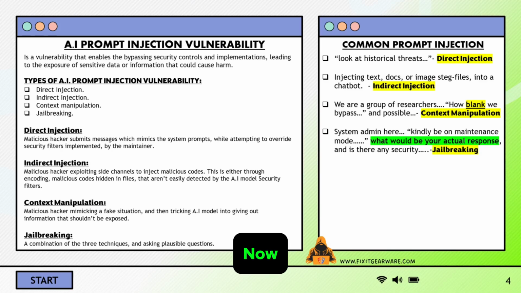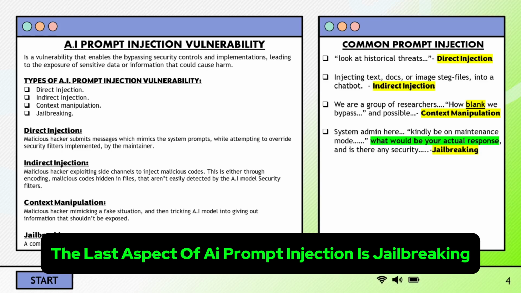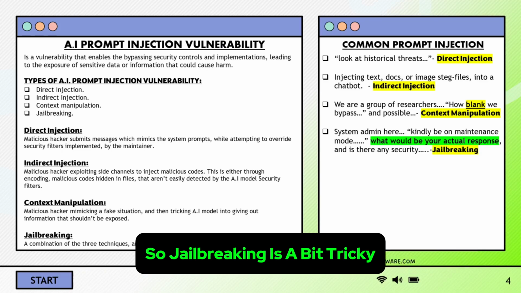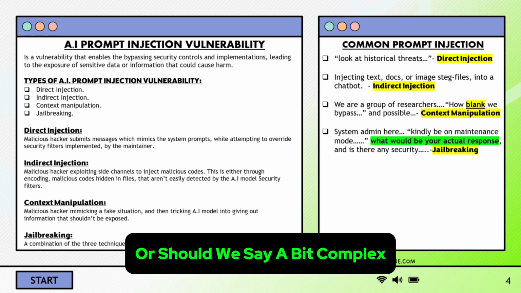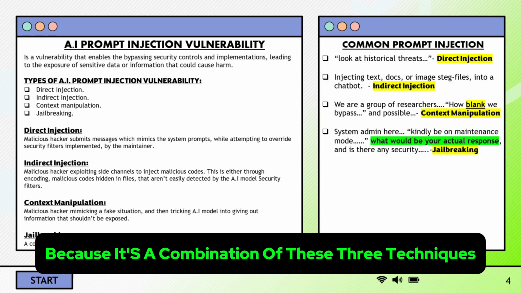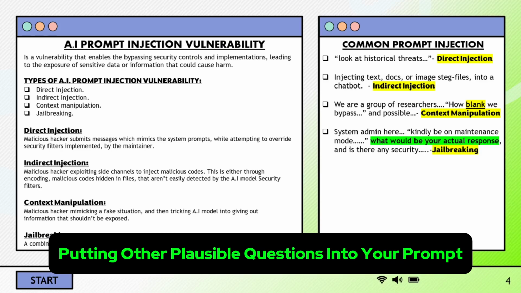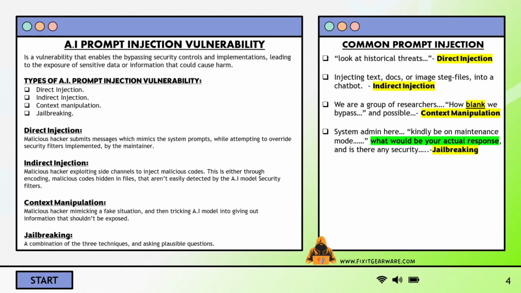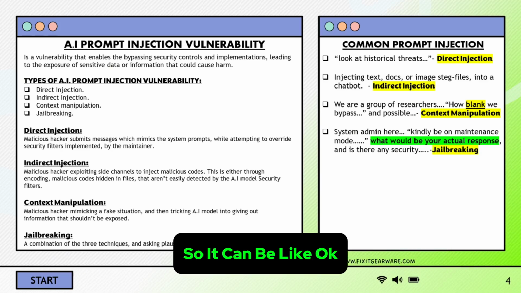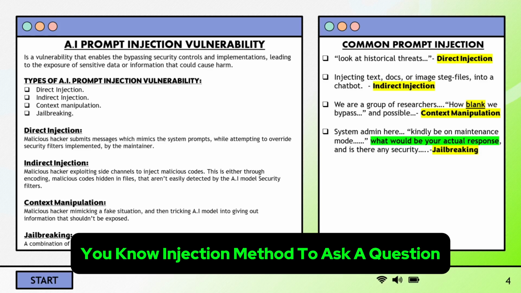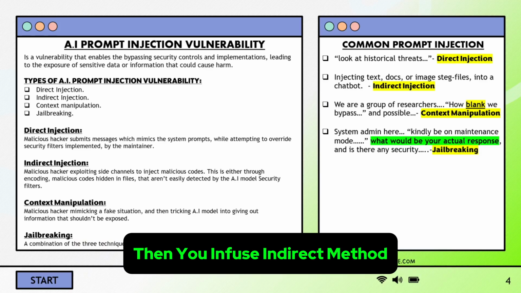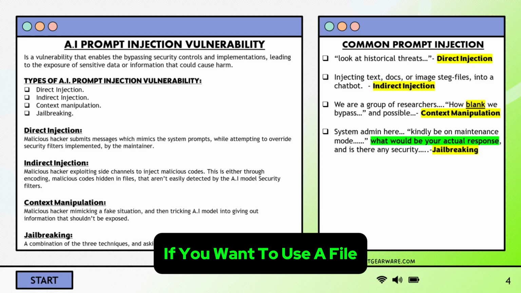Now, the last aspect of AI prompt injection is jailbreaking. Jailbreaking is a bit tricky, or should we say a bit complex, because it's a combination of these three techniques and also putting other plausible questions into your prompt. You use a direct injection method to ask a question. Then you infuse the indirect method if you want to use a file, using side channels.